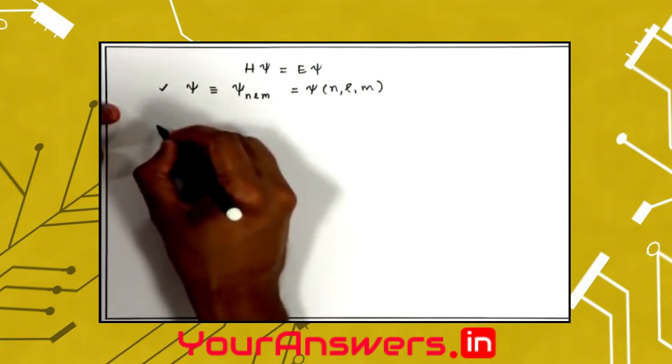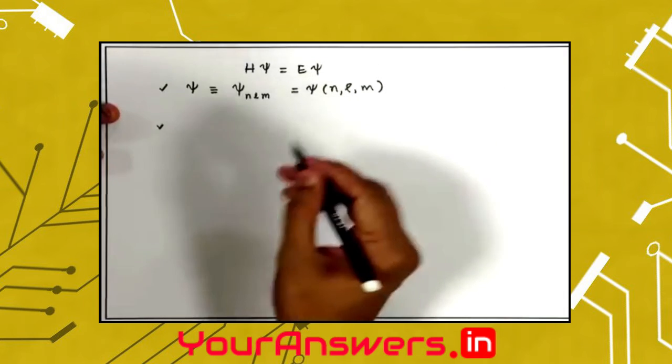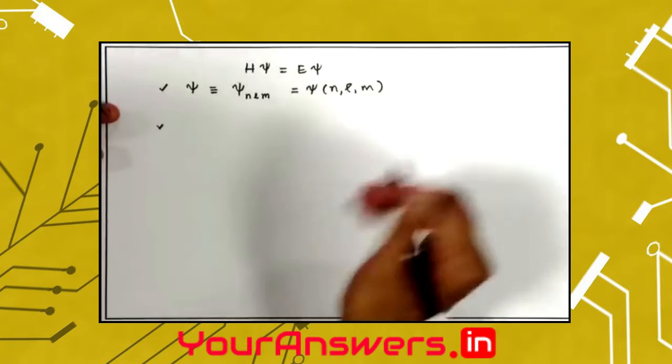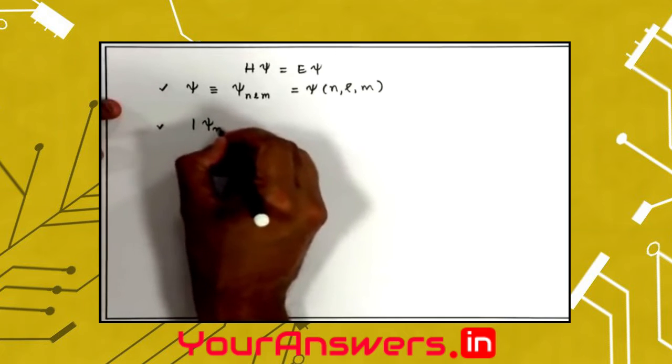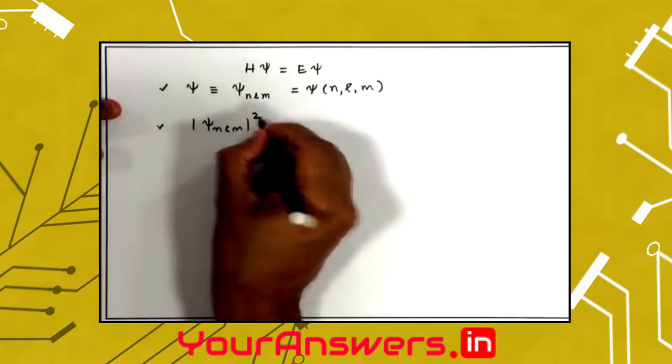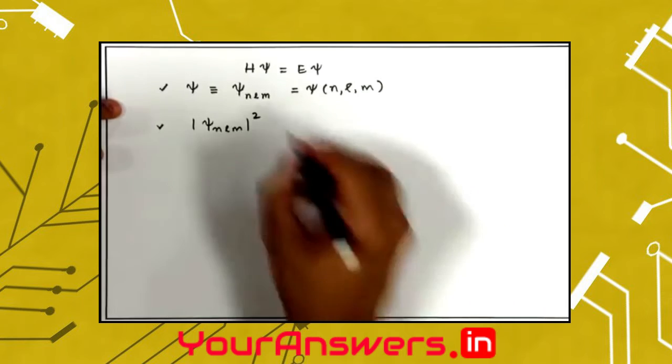We also know from Born's hypothesis that the wave function itself, we call it orbital, does not have a physical significance. What has a physical significance is the square of the wave function, psi n l m squared.